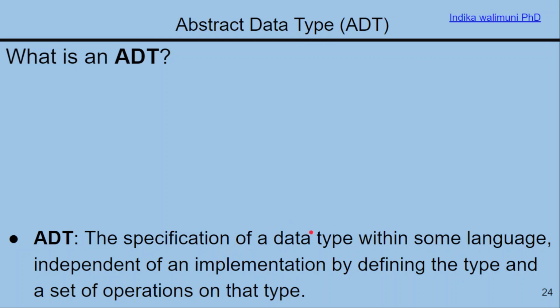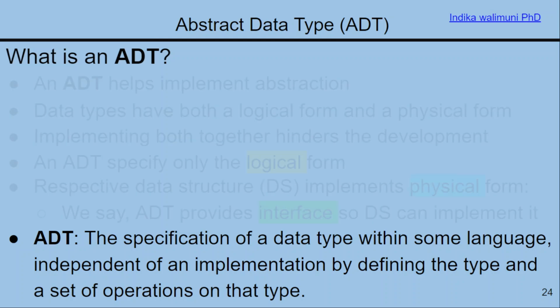So the logical implementation is the concept of the microwave. The physical implementation is the actual product. Okay. The same idea works with an abstract data type. The logical interpretation is what it does, the set of operations and associated data, and the physical implementation is the actual implementation inside.